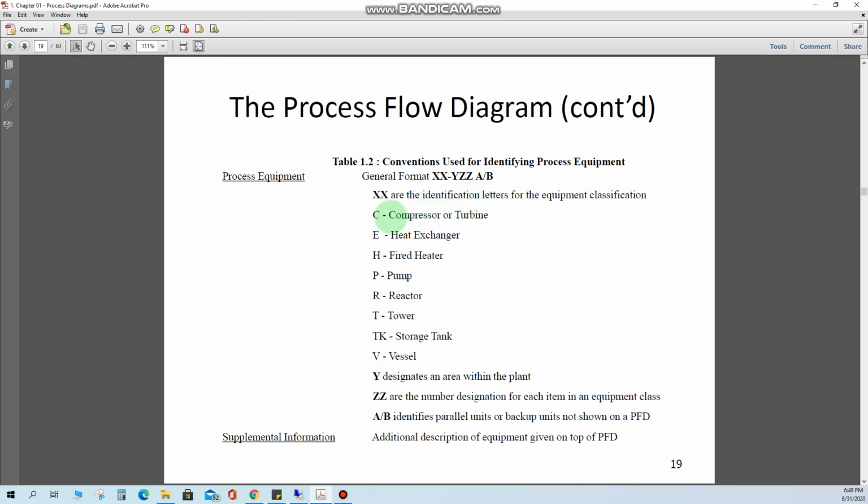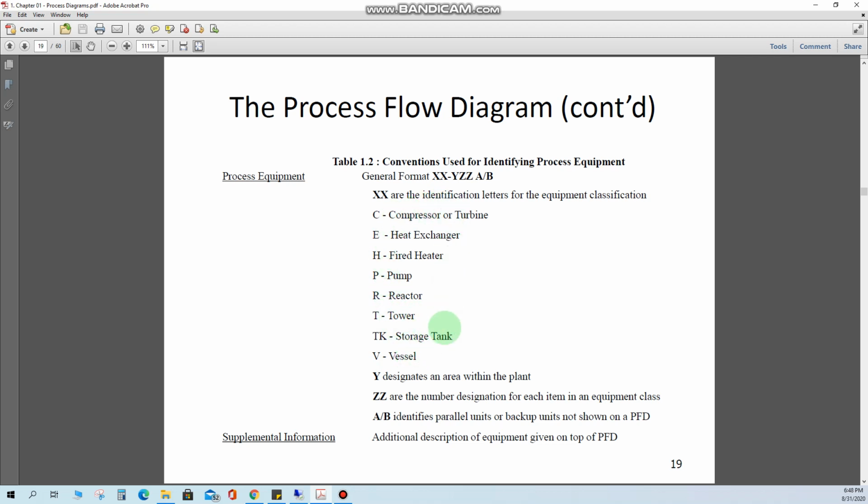For example, if you have a compressor in the flow sheet, then you can use C in place of this XX. If you want to designate the name of the heat exchanger, then you have to use the letter E. If you want to write down the name of some fired heater, you have to use the letter H. If there is any pump, then it can be written with the letter P. If there is a reactor, it can be written with R. The same goes for the tower, storage tank, and vessel.